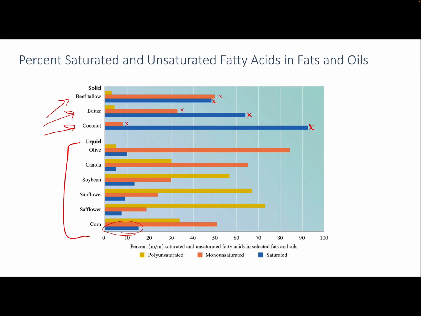The blue, remember, is the saturated. They all have very low amounts of saturated and higher amounts of either polyunsaturated or monounsaturated. So depending on what percentage of fats that you make or that you're storing are saturated or unsaturated will determine your physical state, your liquid or solid state.